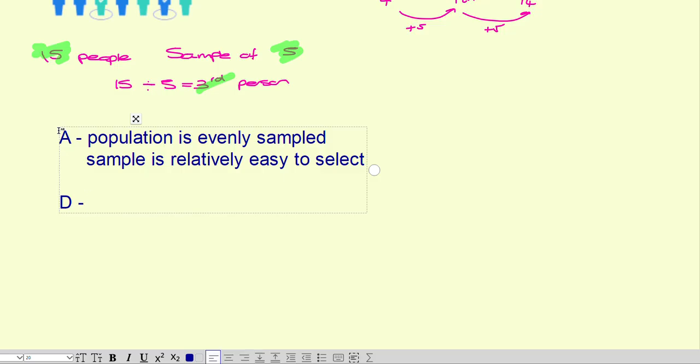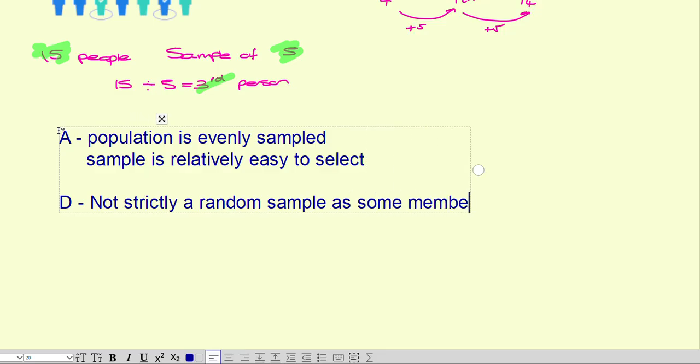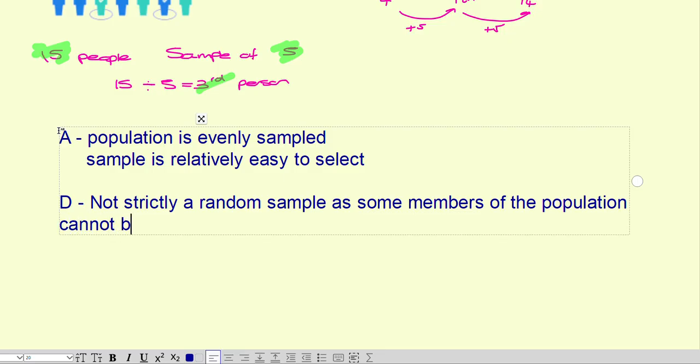Disadvantage, it's got some aspects of random sampling, but it's not strictly a random sample, as some members of the population cannot be chosen. Okay, so it's not completely random, but it's more random, for example, than convenience sampling.